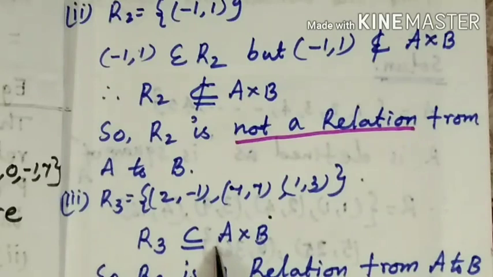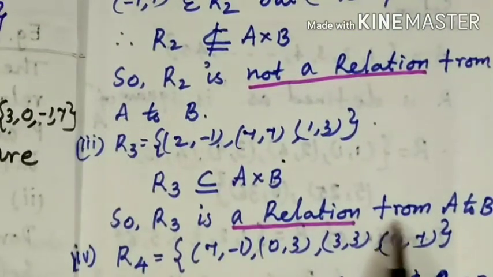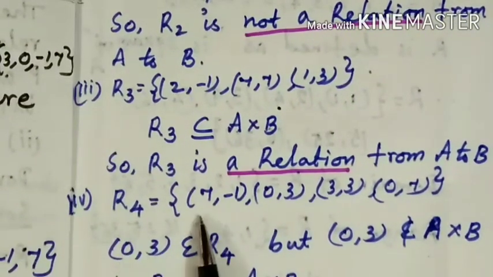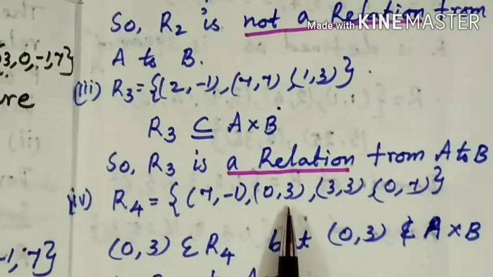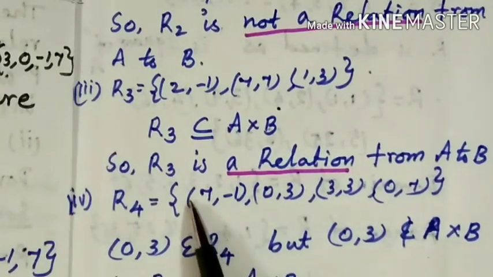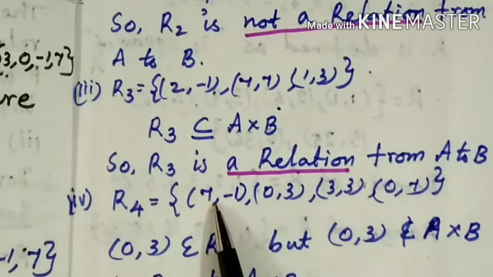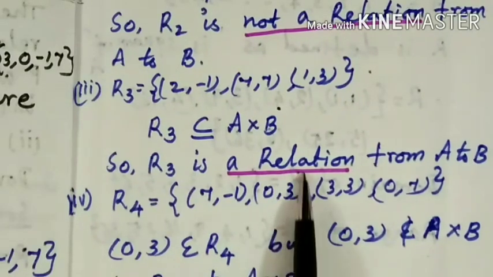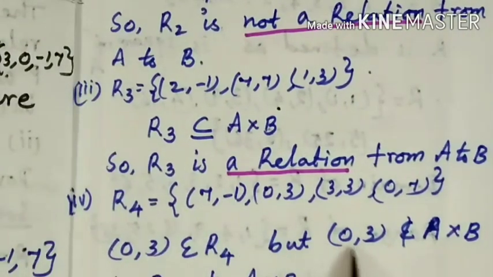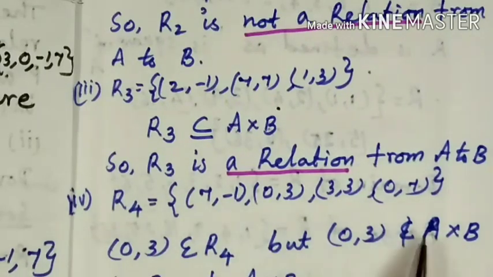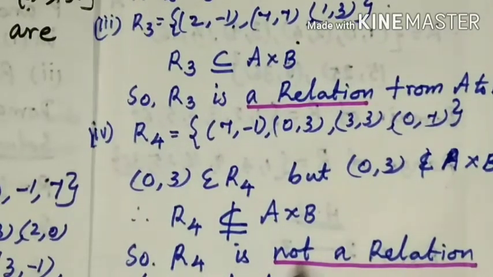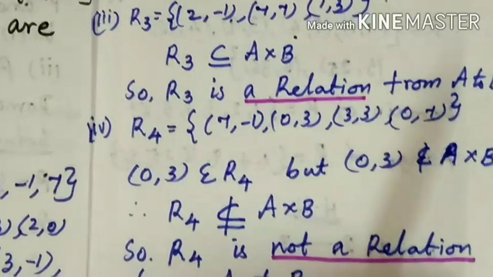Therefore R3 is a subset of A × B, so R3 is a relation from A to B. Then the fourth subdivision R4 = {(7, −1), (0, 3), (3, 3), (3, 0), (7, 7)}. Here the first element (7, −1) is present in A × B but (0, 3) is not present in A × B. Therefore (0, 3) belongs to R4 but not to A × B, so R4 is not a subset of A × B.